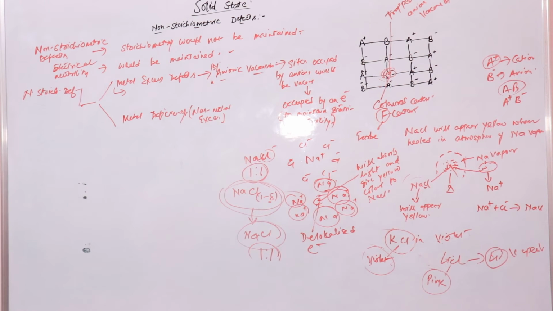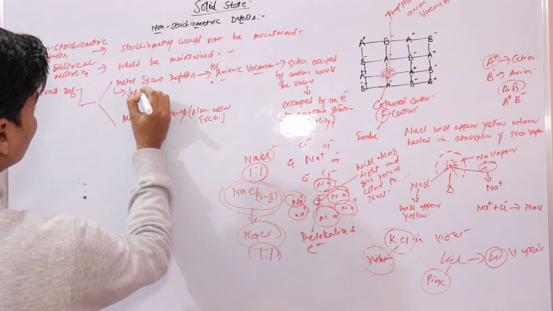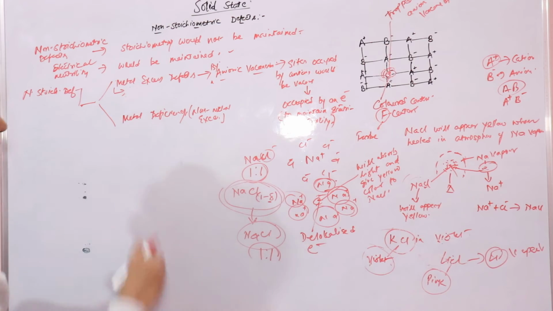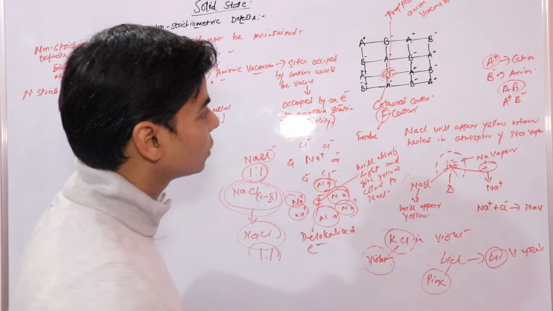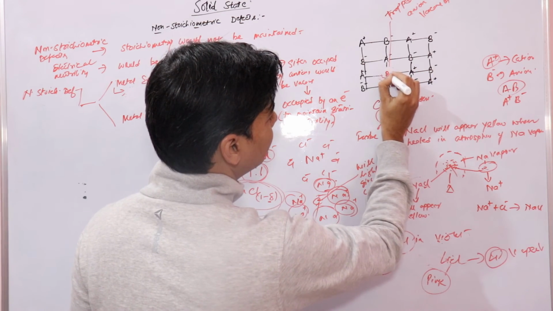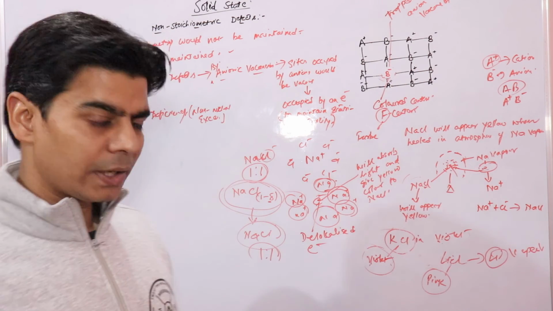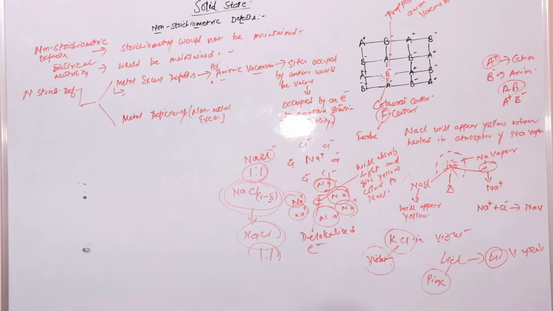We have another type of defect, which is due to a cation that has occupied an interstitial site. Now a cation will occupy an interstitial site, right?